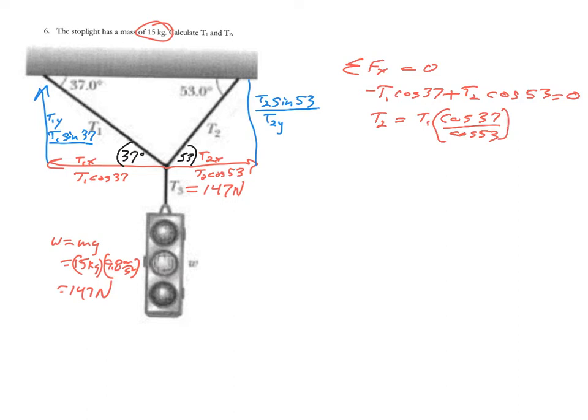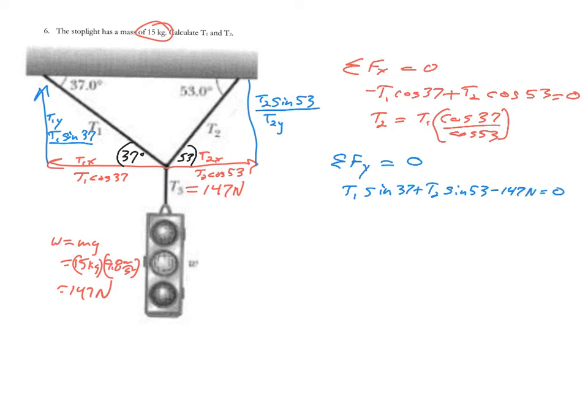Just for fun, I'm going to go to the sum of the forces in the y direction. Maybe that will get me somewhere. That equals 0. I have T1 sine of 37 plus T2 sine of 53, and it's negative 147 newtons equals 0.